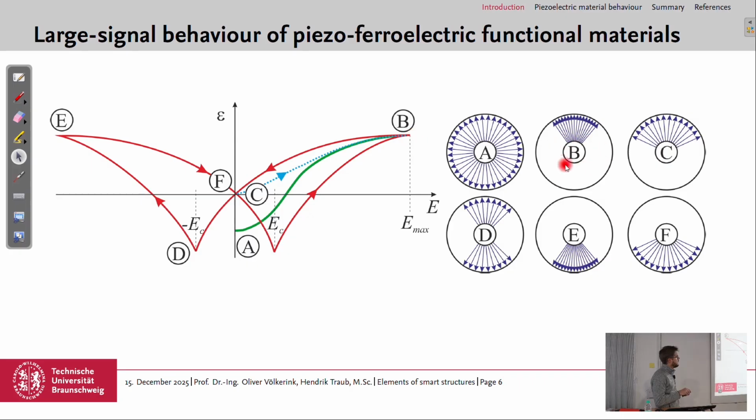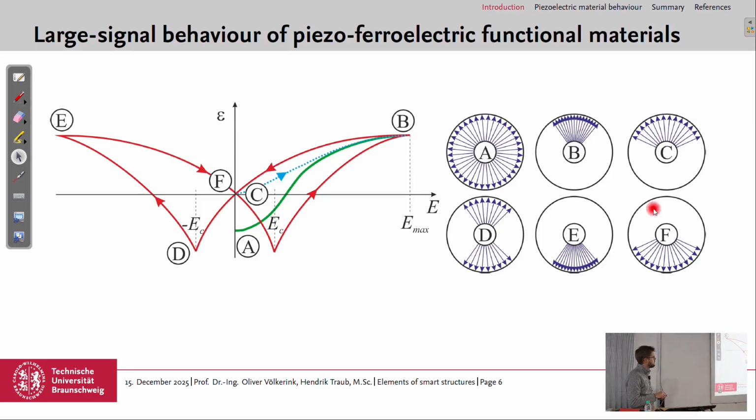We have a really strong polarization in one direction, and if we then remove the field again, we come back to point C. Here we have 0 electrical field, but we still have the polarization of the piezoceramic, not that strongly orientated like with the field applied, but still a usable polarization.